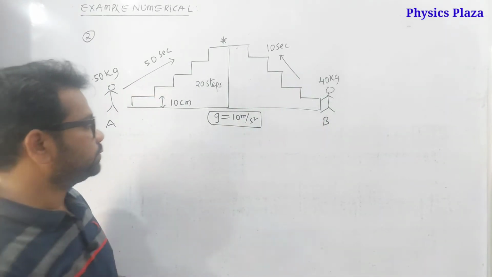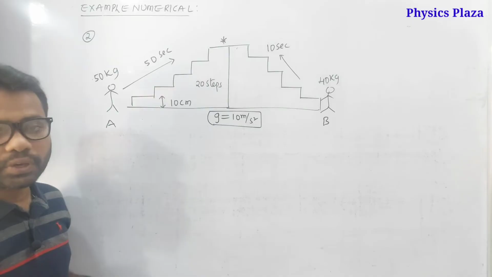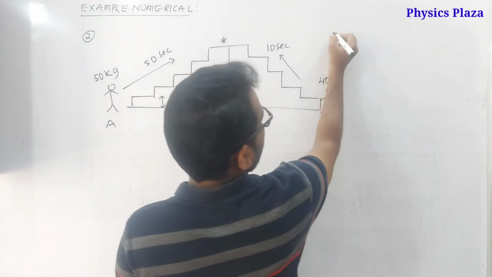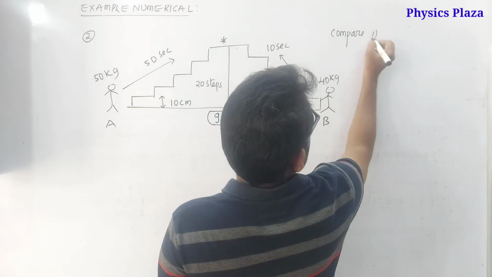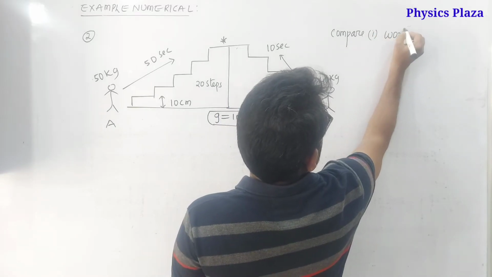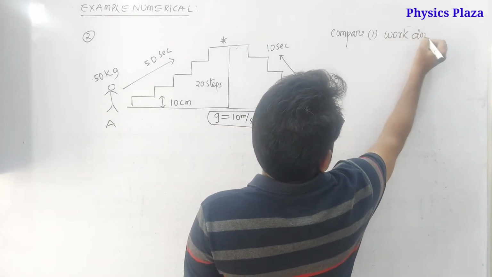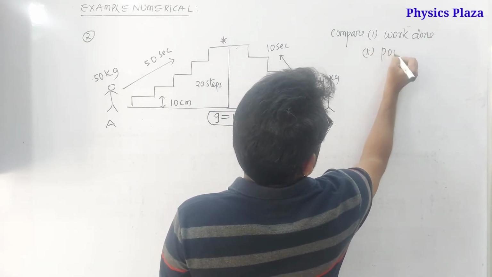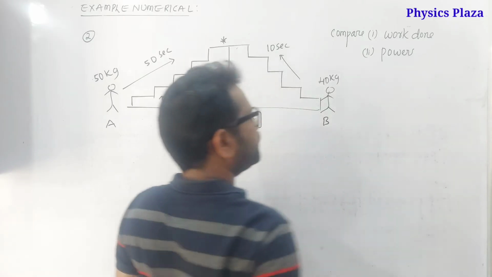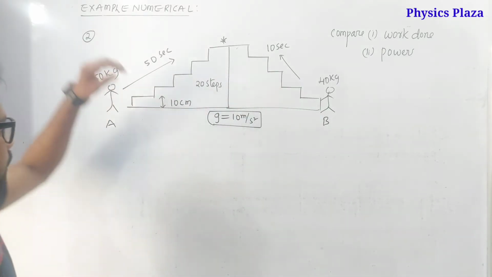Children, very important. Come on, compare the work done and compare the power. What is the question, children? Compare first, the work done, and the second one is compare power. Okay, come on children.